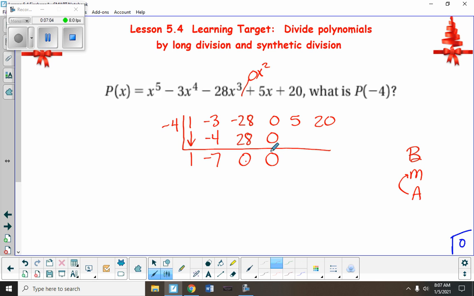Add, you get a 0. Multiply, we get a 0 again. 0 times negative 4 is 0. And add, you get a 5. Multiply, you end up with a negative 20. Add, you get a 0. Your answer should be 0. So take a look at that. If you went wrong somewhere, go back and figure that out.